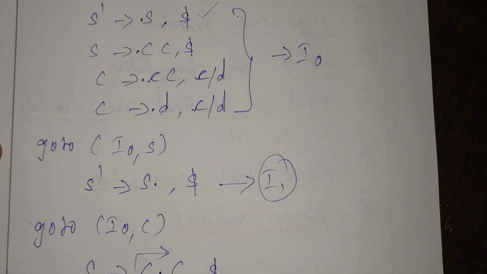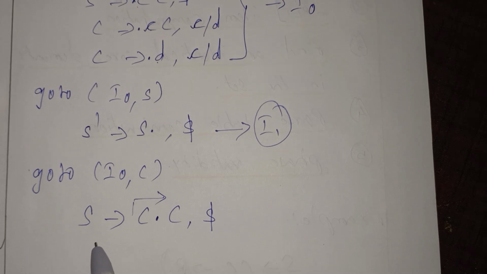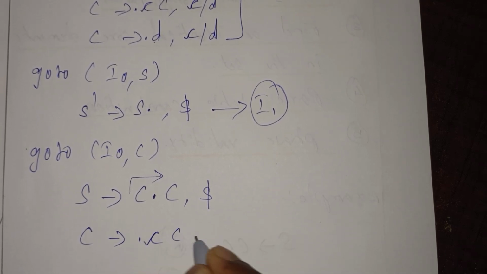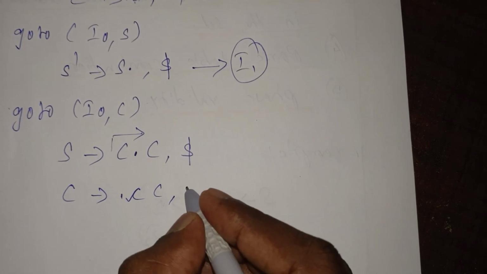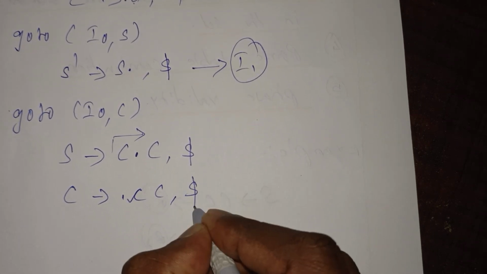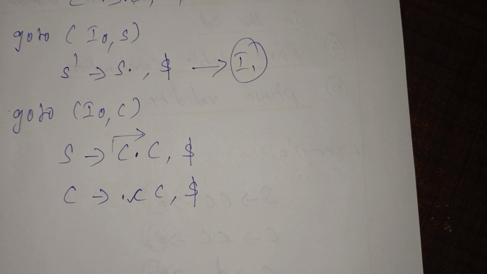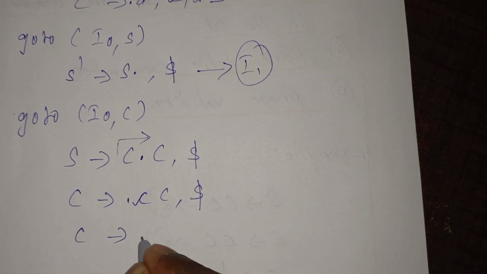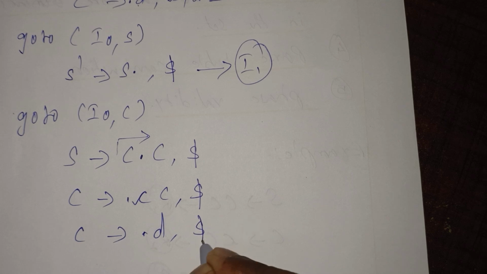So here I am going to write down the next coming production rule: C tends to small c capital C comma, instead of c slash d I am going to add dollar. This is rule number 2. Rule number 2 says that it starts with a lookahead value and it ends with the same lookahead value. So C tends to d comma dollar.